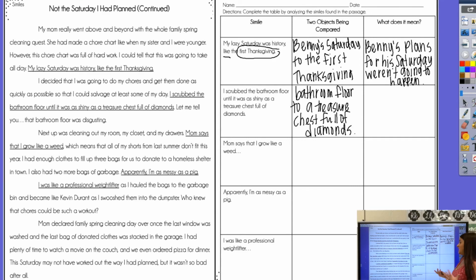So what does a treasure chest full of diamonds look like? Shiny, sparkly, pretty, right? Illuminating. So if a floor is extremely clean, one would say it's sparkly or sparkling clean, okay? So I scrubbed the bathroom floor until it was as shiny as a treasure chest full of diamonds. So what do you think? It was extremely clean.